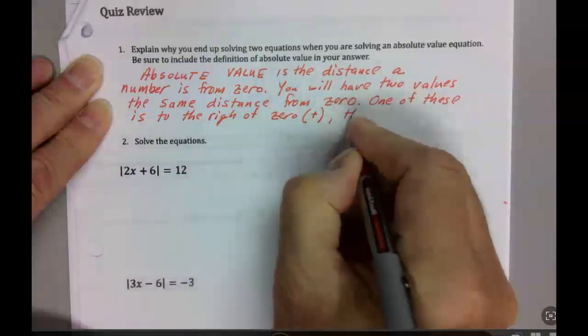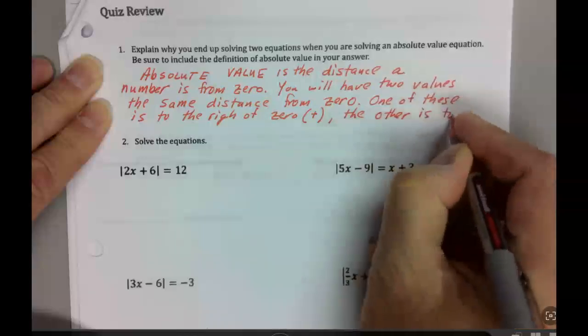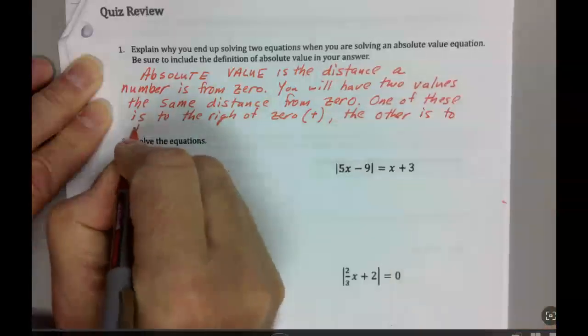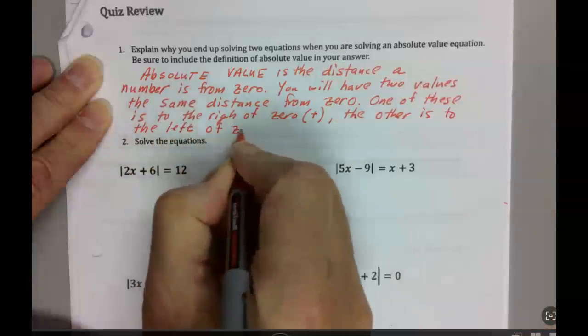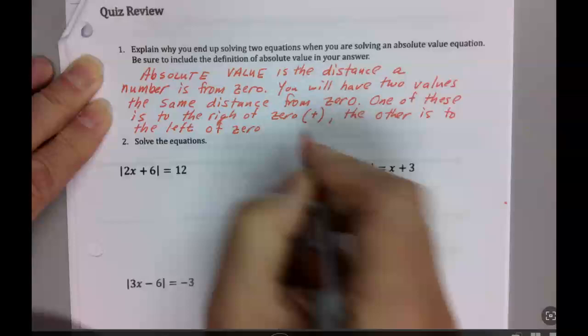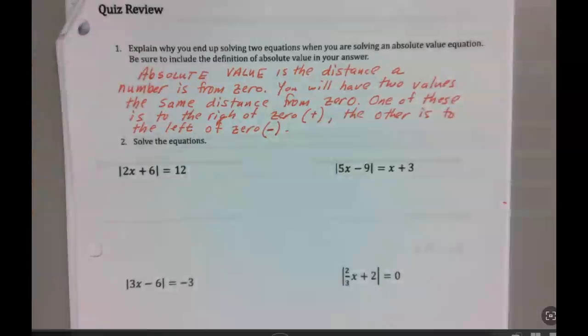The other is to the left of 0, and is negative. So when you have an absolute value equation, you're going to have two equations, one to the left and one to the right. Correct? One to the left, one to the right. Okay.